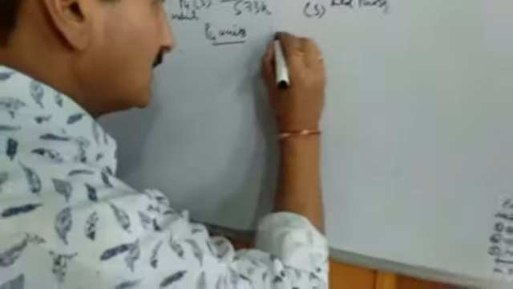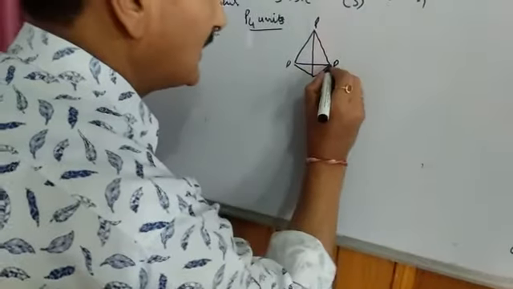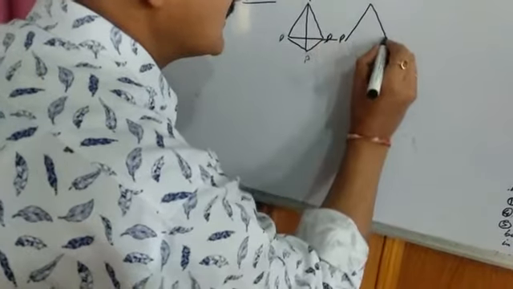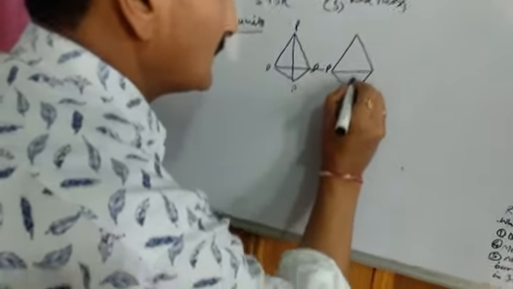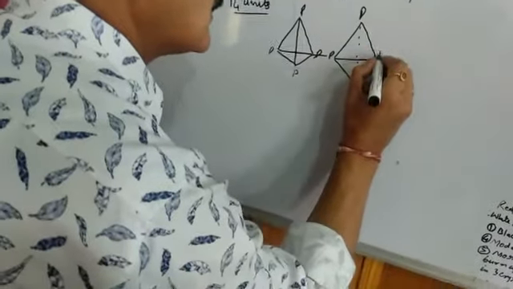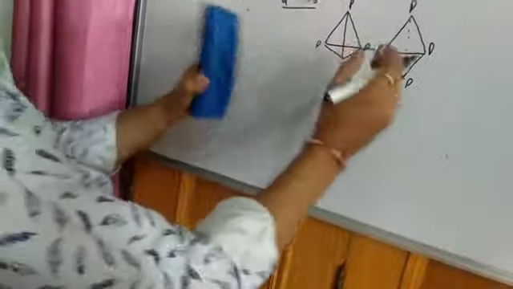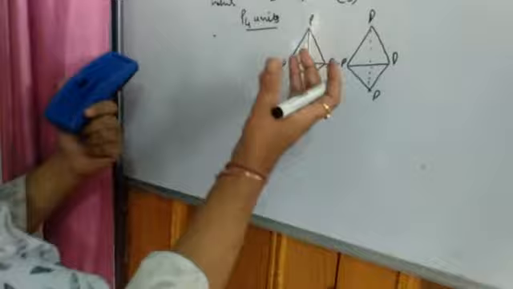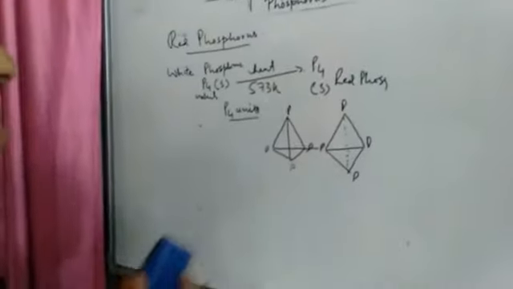Now see, this is one P4 unit, then it can be connected to another P4 unit like this. So many P4 units are linked to each other, forming a polymeric structure known as red phosphorus.